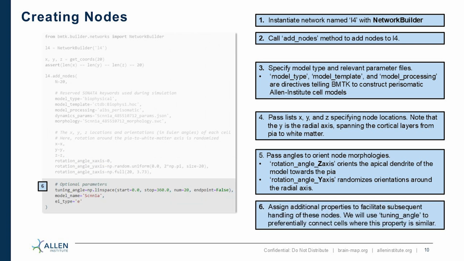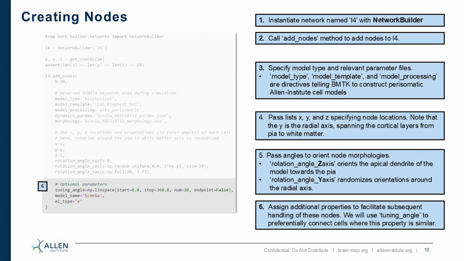And then, as before, there are also optional parameters. So these don't directly do anything in terms of the construction of the nodes themselves, but these are useful properties to have that we will utilize in constructing the edges. So for our excitatory cells, we're assigning a tuning angle property.